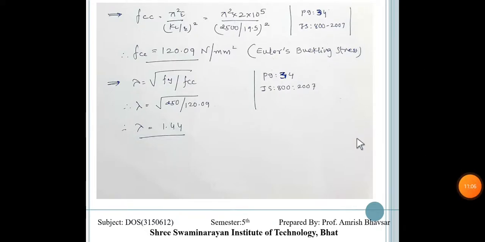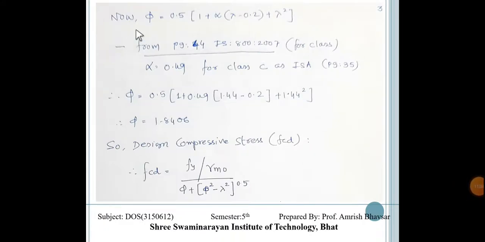Now we have to calculate phi, and this phi equation is also given on page number 34. In this case, we have one unknown, that is alpha, the imperfection factor, and this factor totally depends on the class of our section.